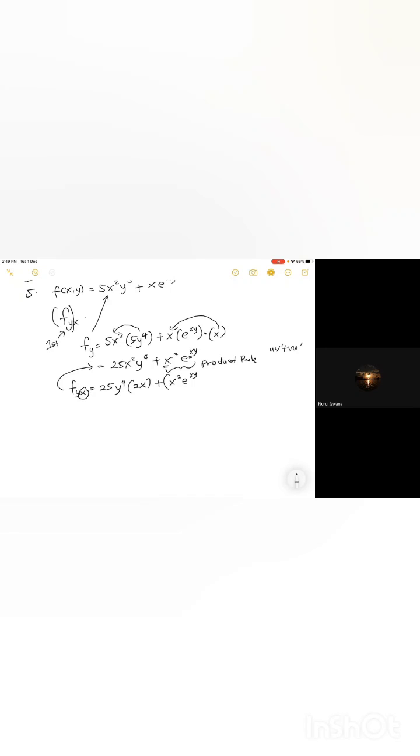Beza eksponen dapat eksponen. Darab bezakan XY terhadap X. So Y tu yang constant. Keluar Y. And then tambah bezakan X kuasa 2 pula akan dapat 2X. So you darab lah mana yang you boleh darab. This is your answer.